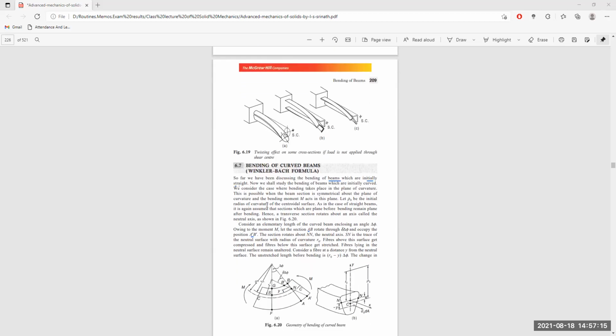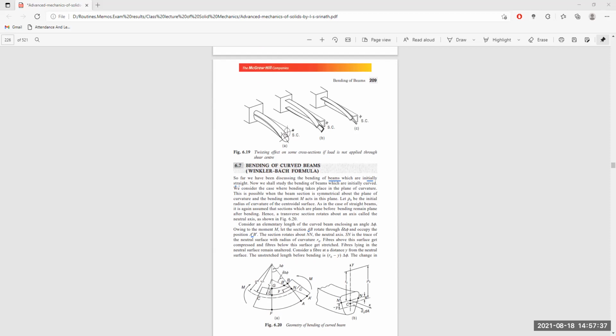Rho is the initial radius of curvature given here. This was the initial radius of curvature at the centroid of the beam itself, which is given by rho here. Now, as in the case of straight beams, it is again assumed that the sections which are plane before bending remain plane after bending.